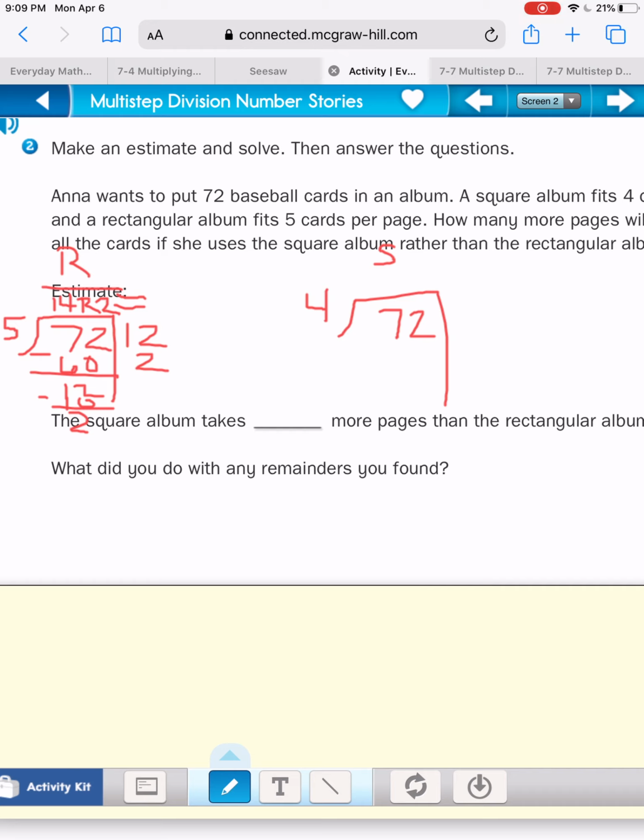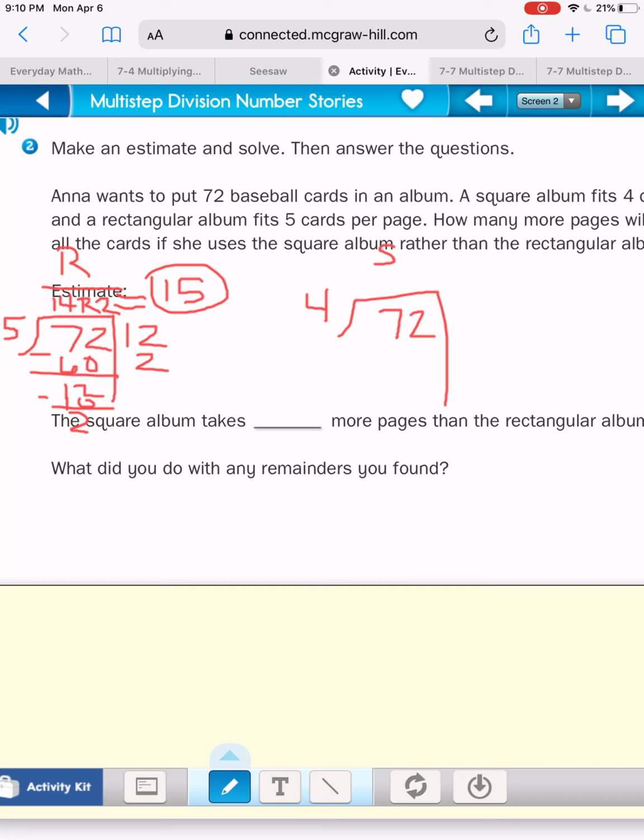So I would not get rid of those 2 pictures. So what I would do is I would round up, and I would say 15 pages. So 14 of those pages would be full with 5 pictures, and the 15th page would only have 2. But that's fine because we still want them in our album.